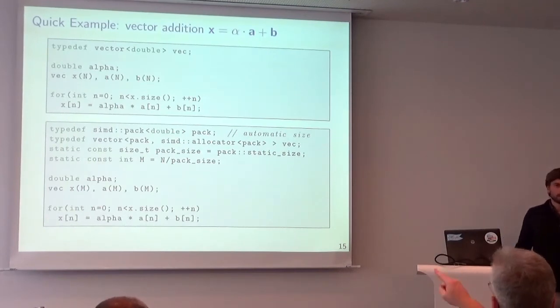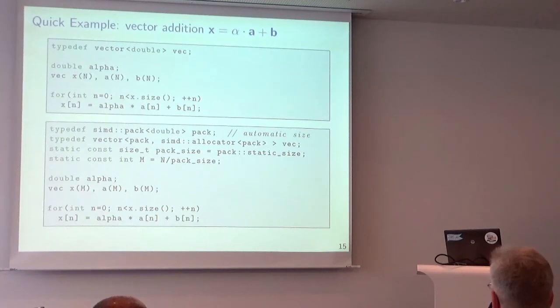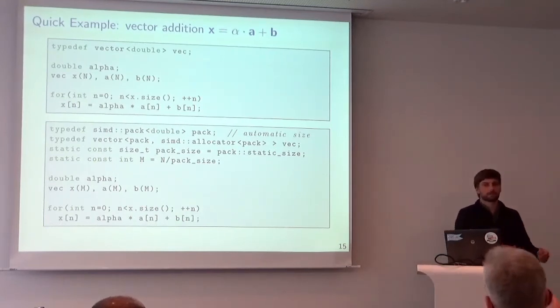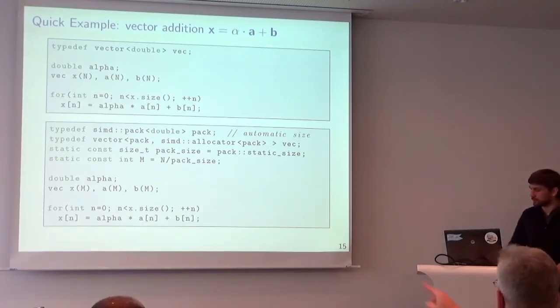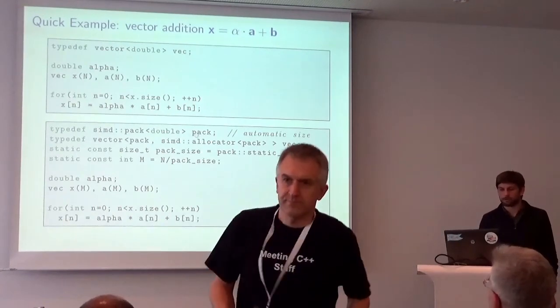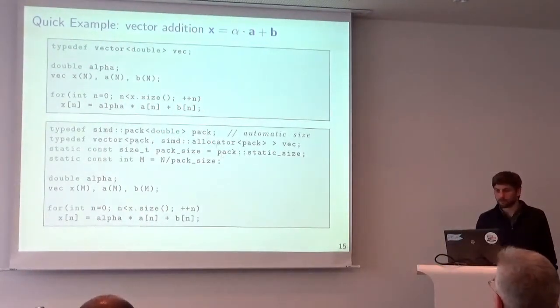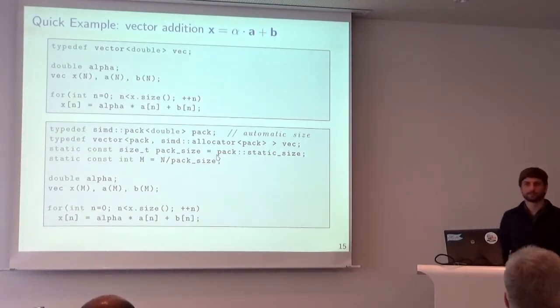Yes? Question, the pack static size, is it independent of the actual type? Is it independent of being a pack of double? No, it's not. The pack here knows that it's a pack of doubles. The pack already does. Yeah.